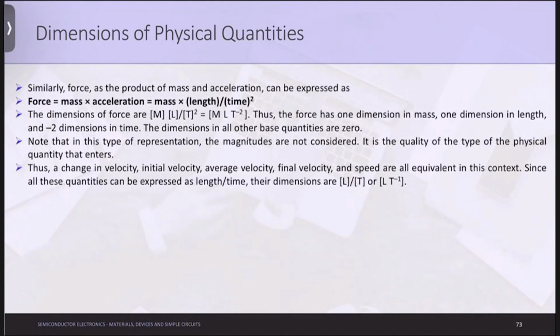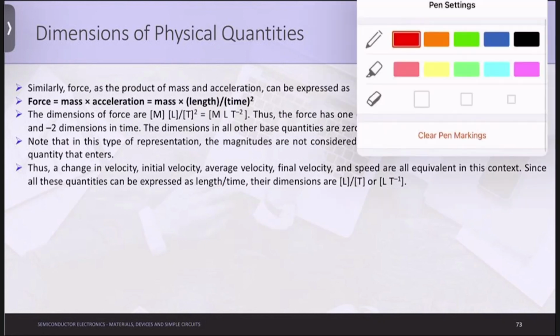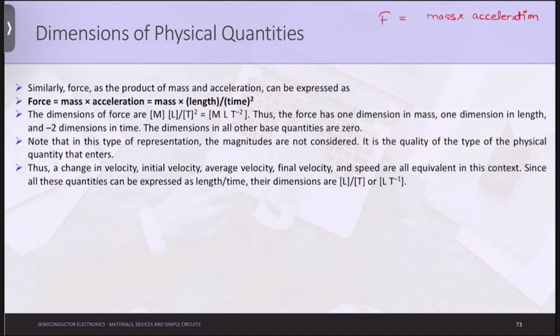Similarly, what is force? Let us try to find out the value of force. We know what force is. Force is nothing but mass into acceleration. You know for mass it's kg. So, kg into, for acceleration, acceleration is basically length upon square of time. Okay.